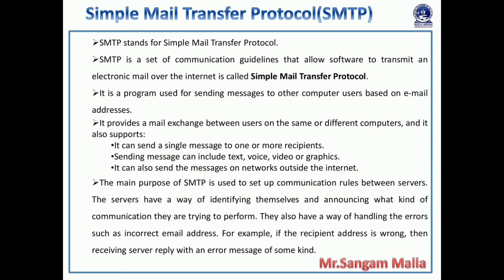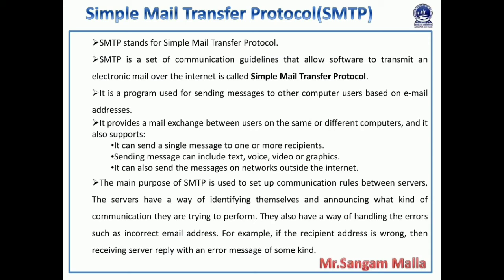The servers have a way of identifying themselves and announcing what kind of communication they are trying to perform. That means whenever we are linking clients with servers, or dealing with communication rules that govern the server, the servers can identify themselves and state what type of communication they are going to perform.